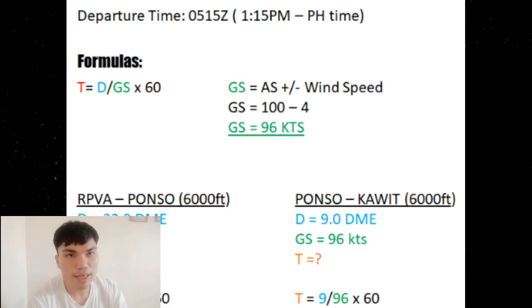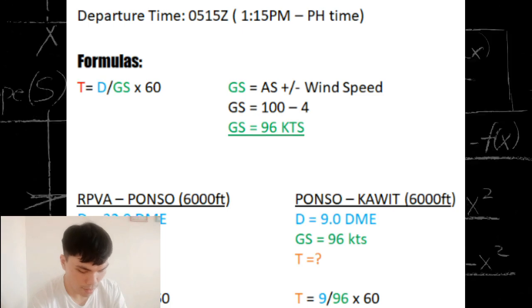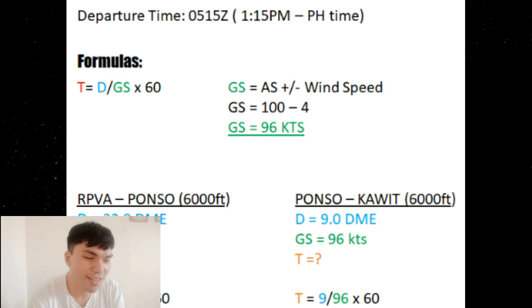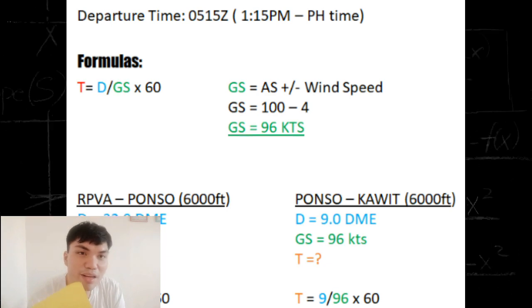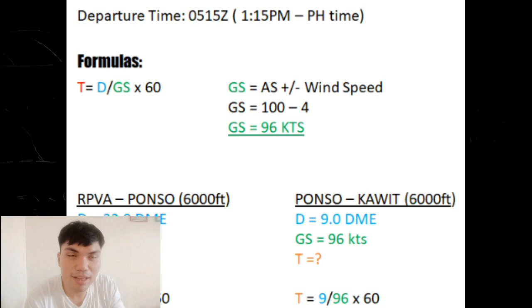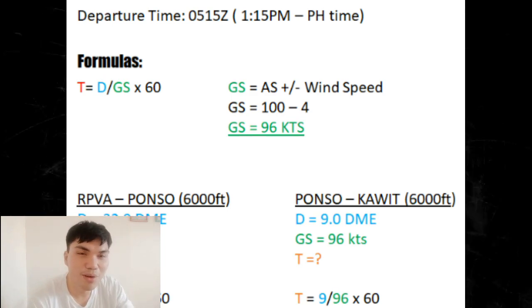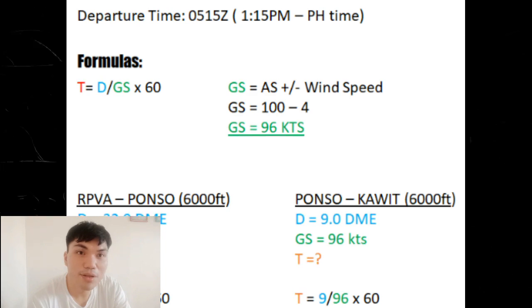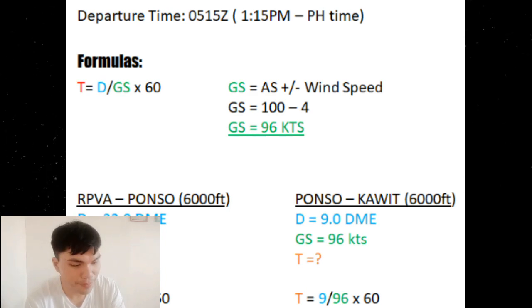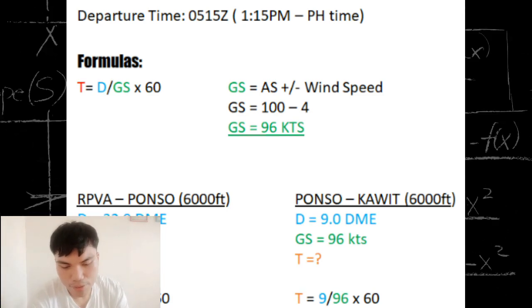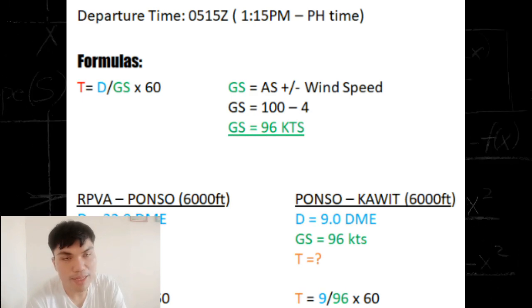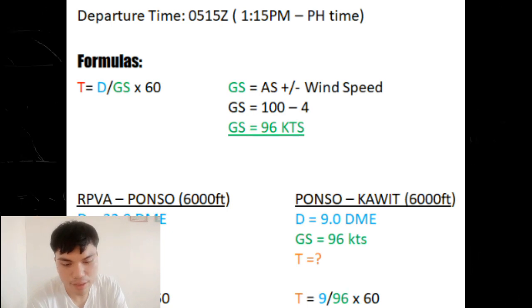So in my case, in the condition of Cap Ibs, the wind from RPVA, from Tacloban to Mactan, is 4 knots north. That's 360. So here's the equation: 100 knots, the airspeed of the aircraft, minus 4 knots of headwind correction.